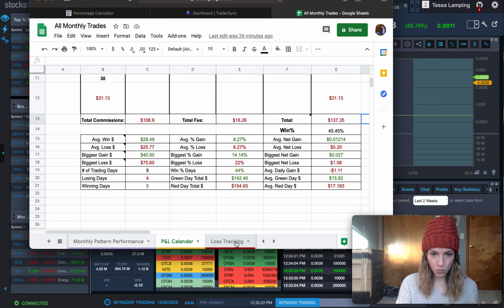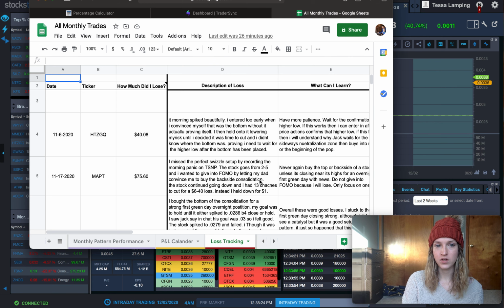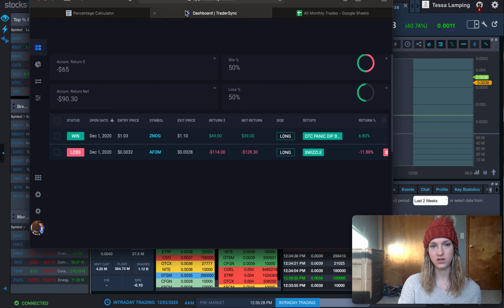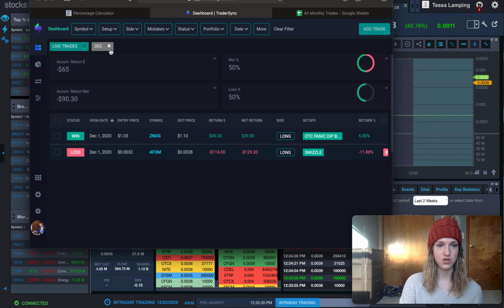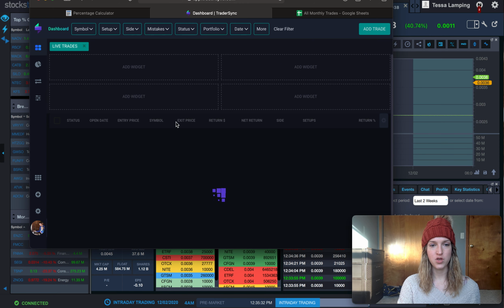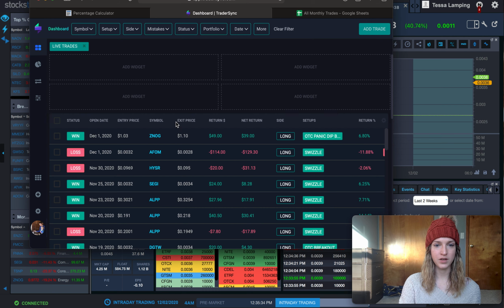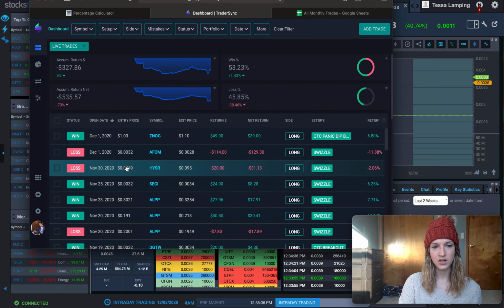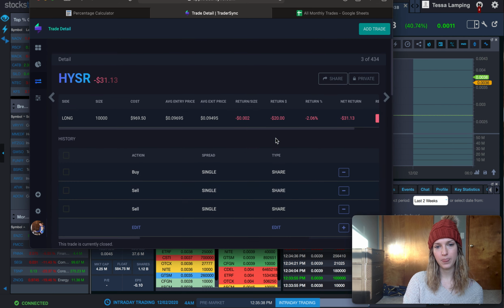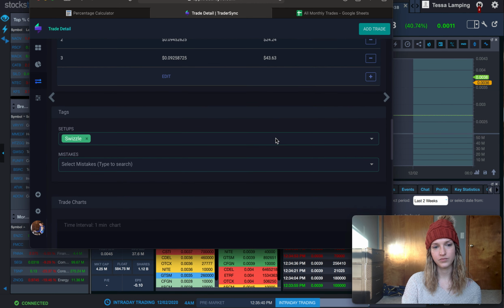Now, one thing that TraderSync has included is in the notes. When you click on a stock, you fill out the journal part of it, and that's what I add.